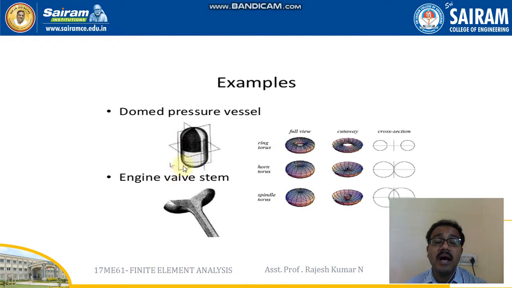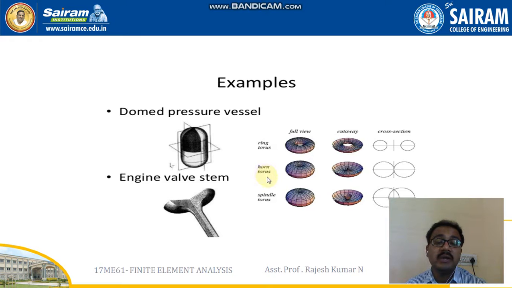Here I'll be calling it r, and the angle of rotation phi or theta, and the radius r also you can see here. With respect to these dimensions, the full view and the cutaway view are shown for the ring torus part.